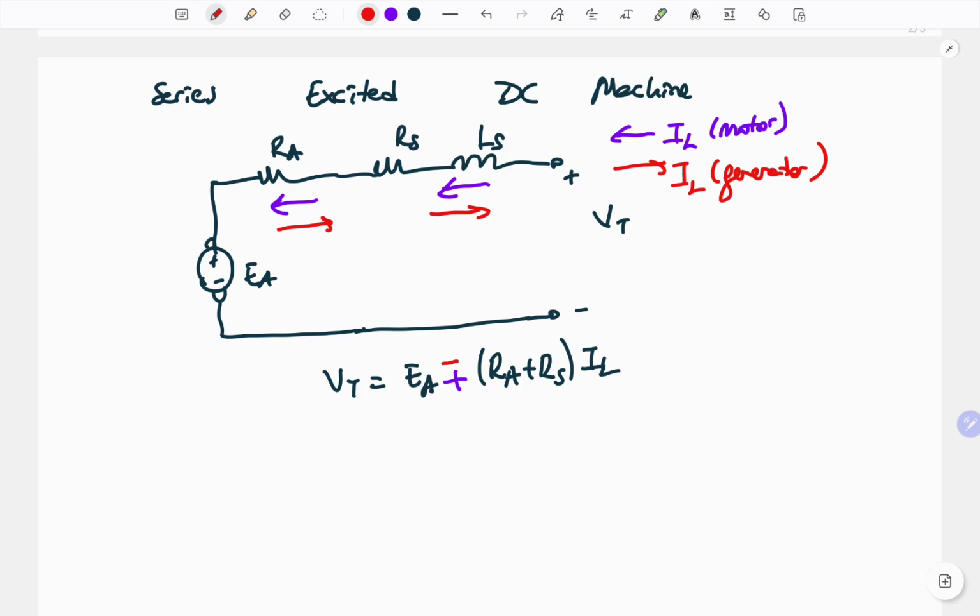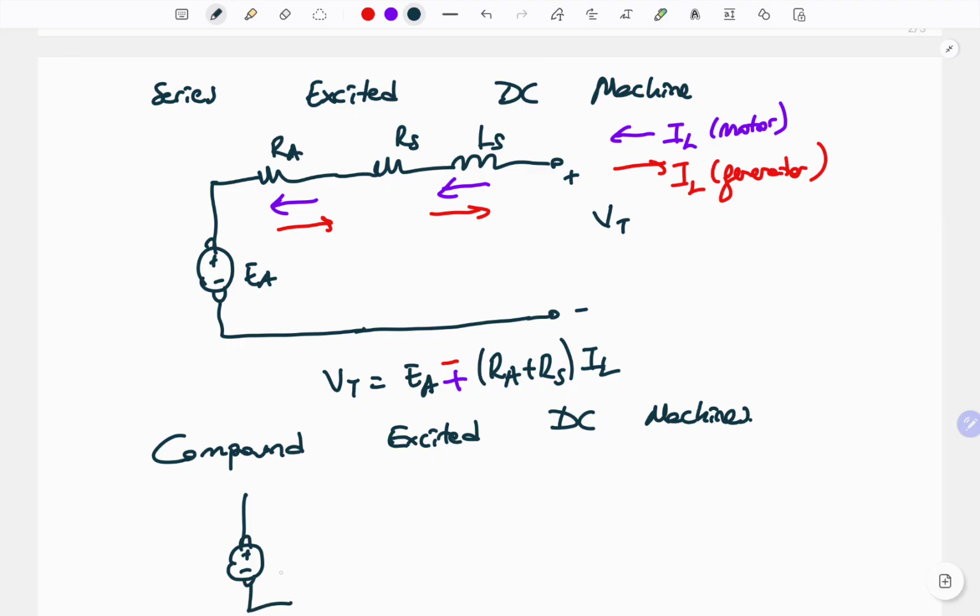And the last excitation type can be defined as compound excited, which includes series and parallel connection at the same time. For the compound excited DC machine, we have some subgroups, but briefly, we can say we have again internal generated voltage EA and RA, which are the components of the armature circuit.